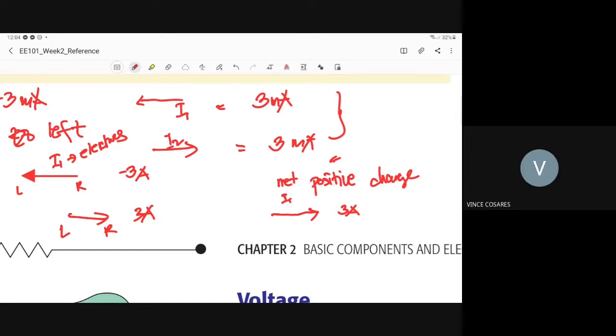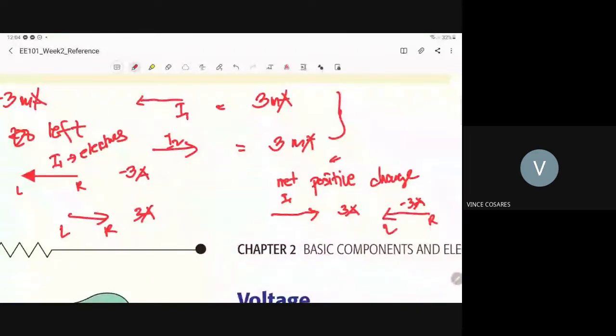Pila answer? Positive. Kaya dili naman siya electrons. Ang net positive charge naman. Positive. So, 3 ampere na. So, ang padulong didto, ang right to left, pila man? Negative 3 amps. Okay, so depende kung kinsa ang nag-produce sa problem.